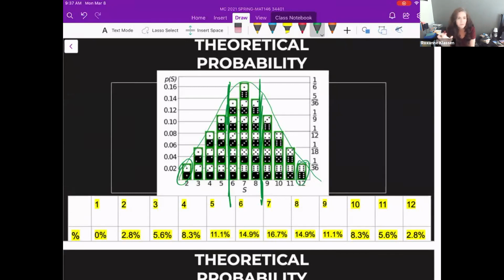So if you were going to play this game again, where would you put all of your cubes? 6, 7, and 8. Yeah, probably 6, 7, and 8, right? Does everybody understand why you'd put your cubes in 6, 7, and 8?